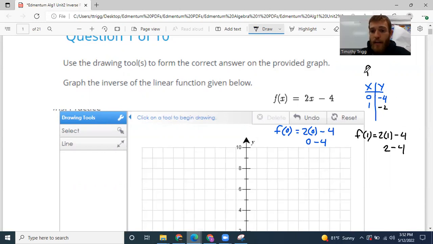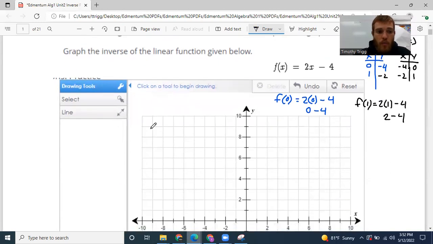So this is for f of x, which means that the inverse function, f inverse of x, will have these flipped. Instead of 0, -4, it's going to be -4, 0. And instead of 1, -2, it's going to be -2, 1. So we're going to create a line that goes through those 2 points.